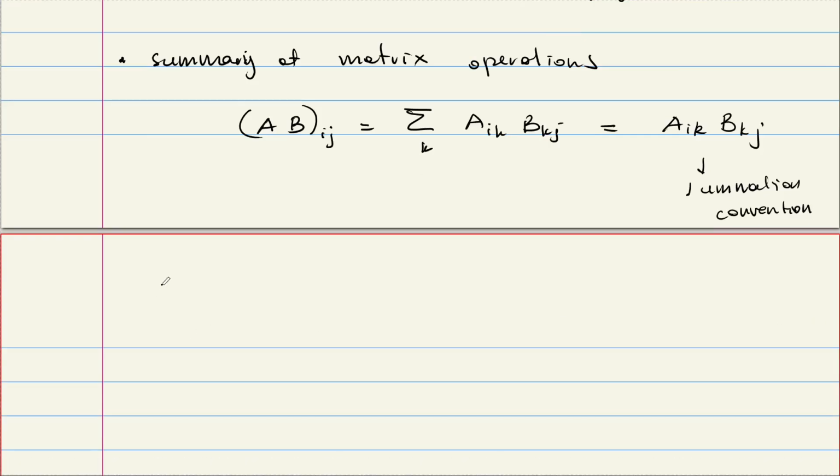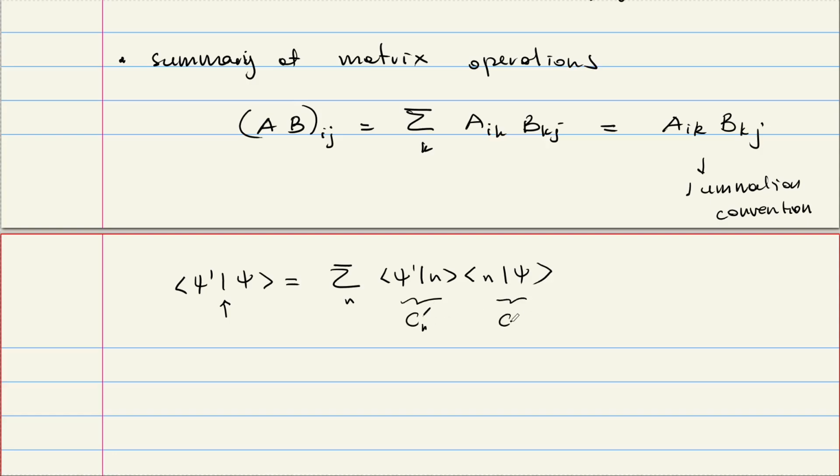And we can think about the inner product between two vectors in the Hilbert space, psi prime and psi. We can put the identity here, a sum over n, psi prime, n, n, psi, and this thing is c n prime, this thing is c n.